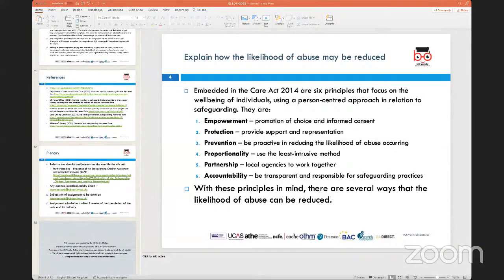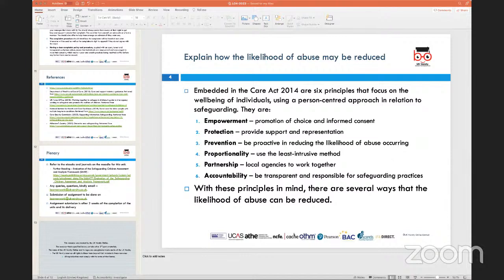We go back to the 6 principles of safeguarding that we have discussed, which have to be understood and adhered to so that you are able to invoke these principles and ensure the care being delivered meets the requirements set in the guidelines, while also ensuring the likelihood of abuse is reduced.